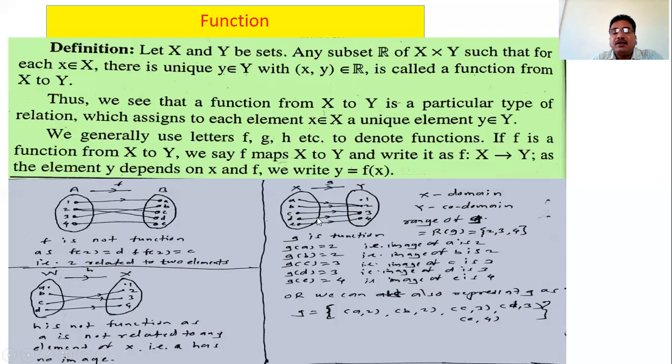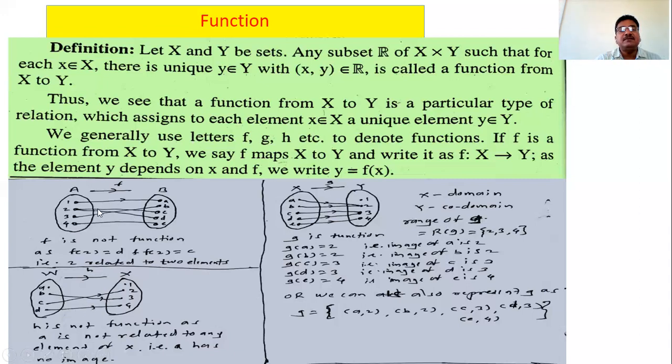So a relation is not a function if some element of X is not related to a unique element, or some element of W is not related to any element of X, and therefore this relation is not a function.